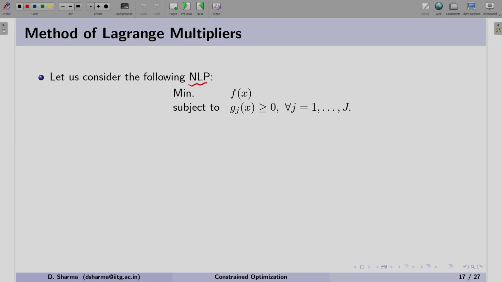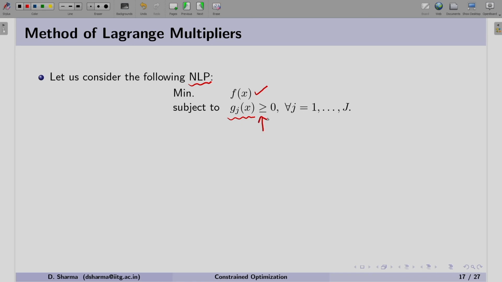Now, let us take the inequality constraint into our problem, and we will see how this Lagrangian, or the method of multiplier, can be used. Given here is, again, an NLP problem. We are going to minimize a function, and this function is subject to the inequality constraint.